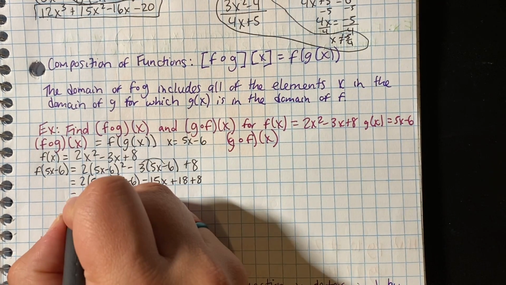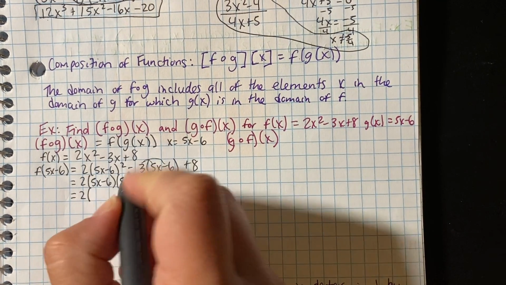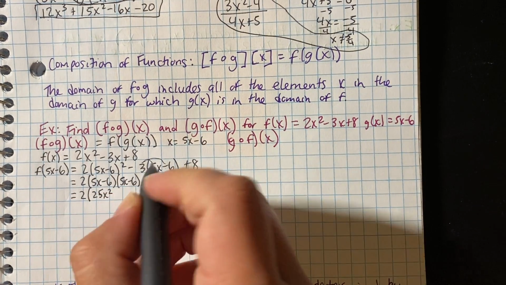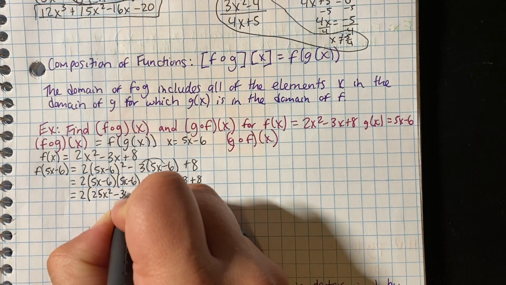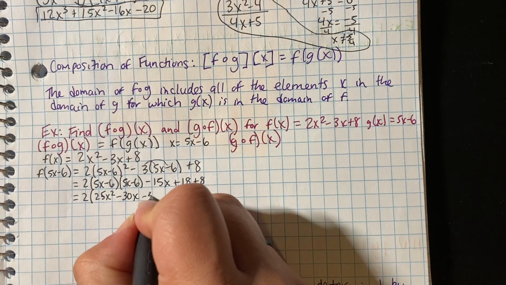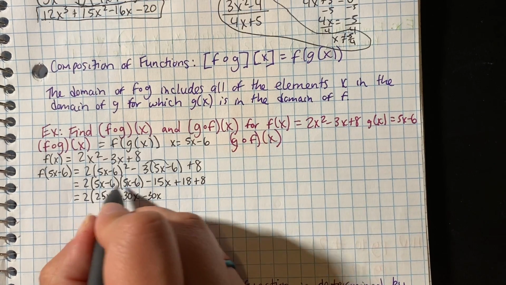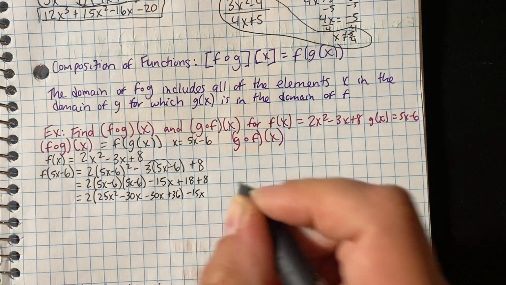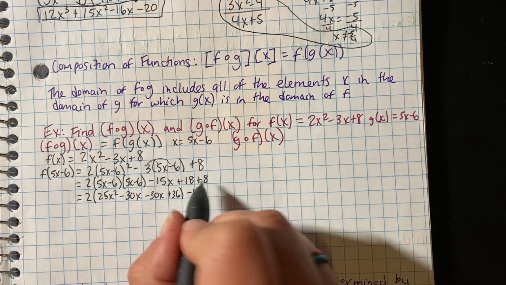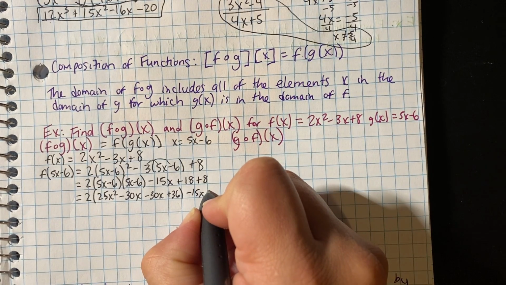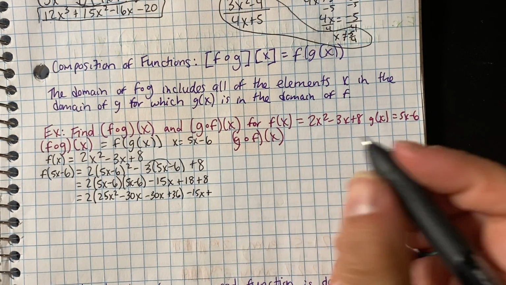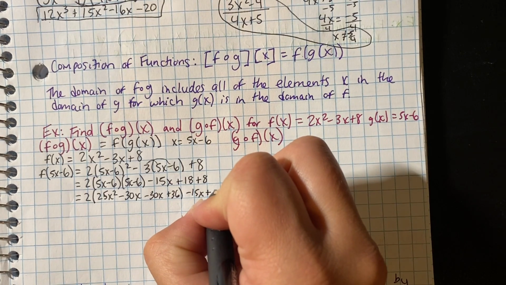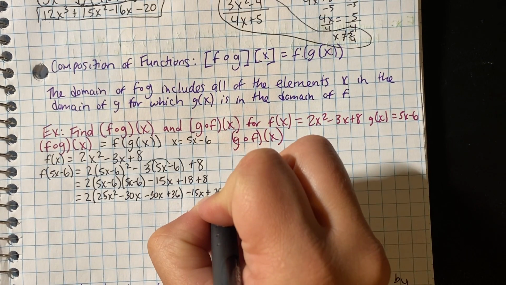So 2 times, so I have 25x squared. 5 times that is minus 30x, minus 30x plus 36. Remember, since these two are just floating out here, I might just combine them. But I was going to say, make sure you're careful with your order of operations. Oh, so that would be 26.